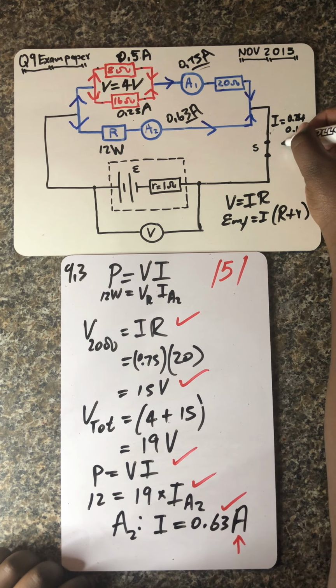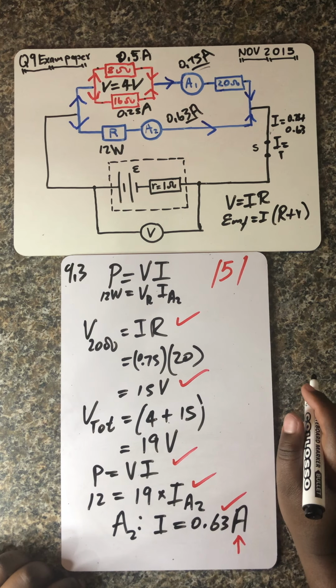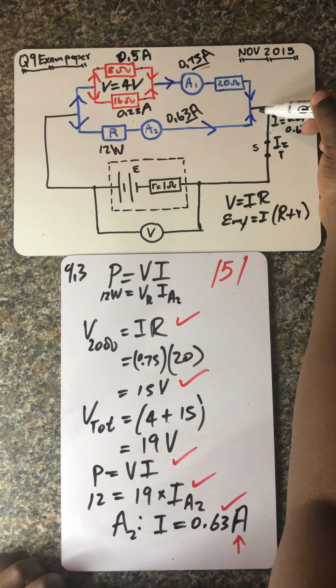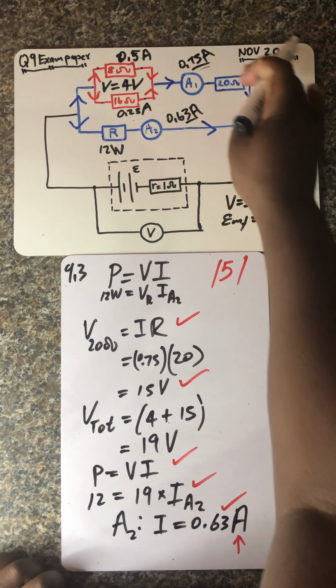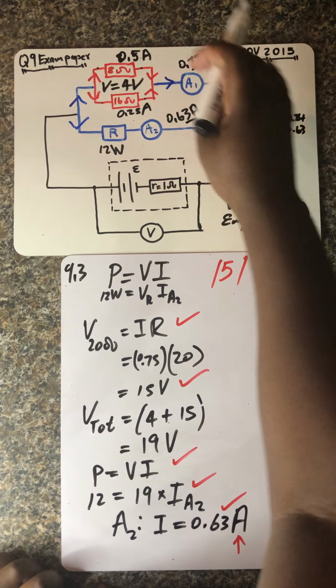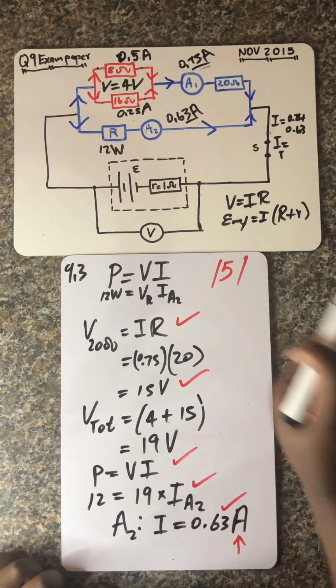0.63 amperes. So this is the current total, or the current external. Okay, so that's what we talk about when we say the external, or the current flowing through the external circuit. So everything here was flowing through the parallel connection, even though within this parallel you still have a branch there.